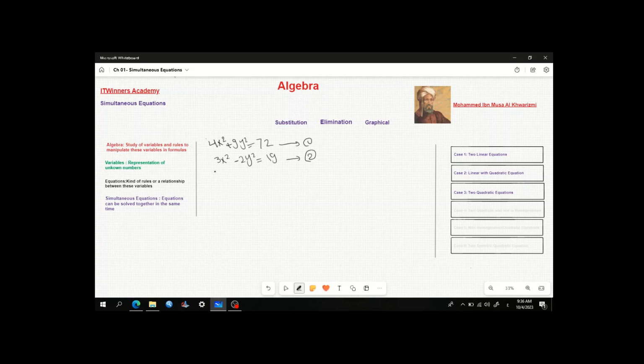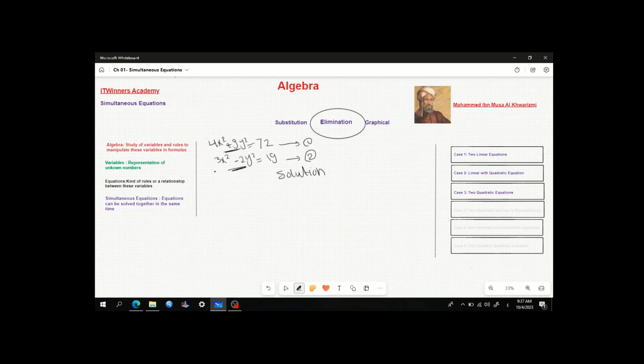Now I have two options. By substitution, if one of these equations were solvable so I could get x in terms of y, but now I can't. So the only method I have here is elimination. Let's start solving this.